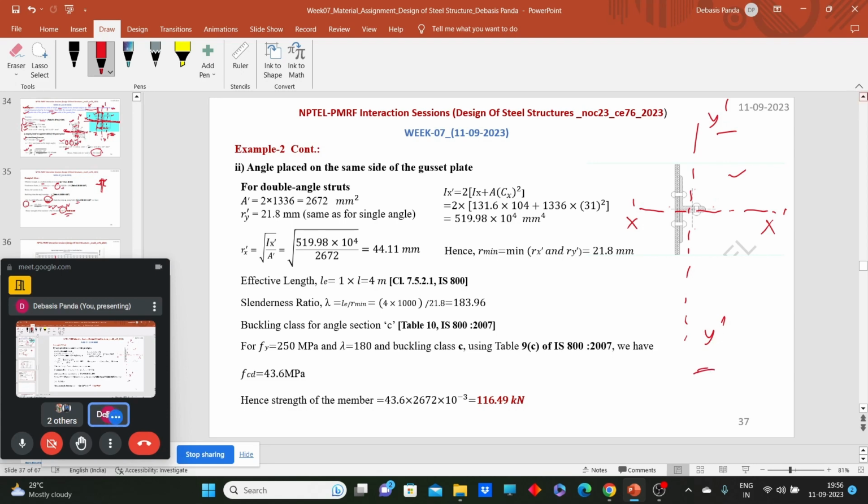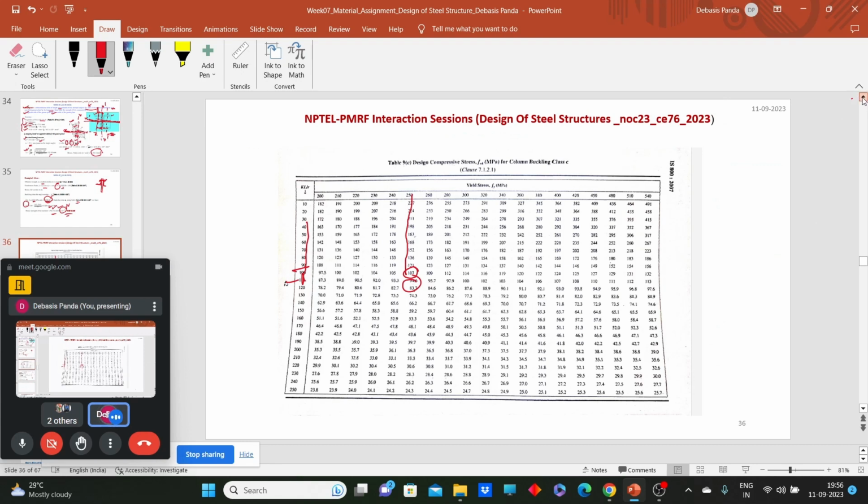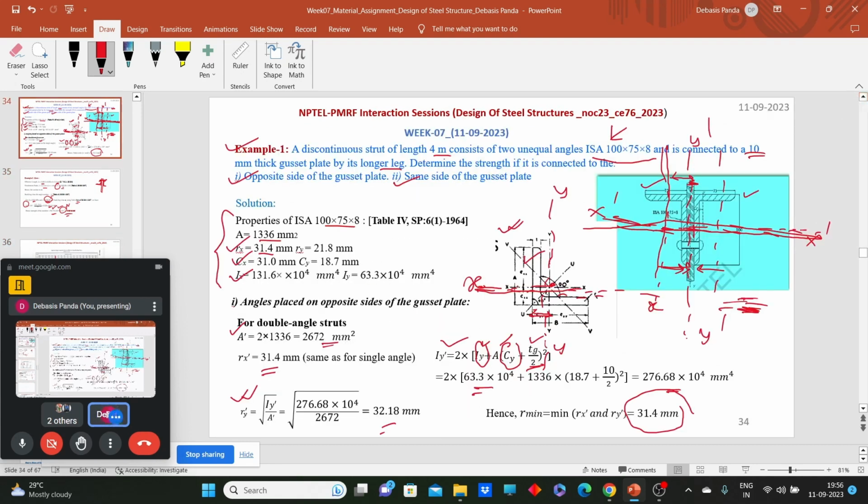If you see this diagram, what I have explained just now, if you see closely, then you can understand why and under which condition we need to transfer or shift these axes.